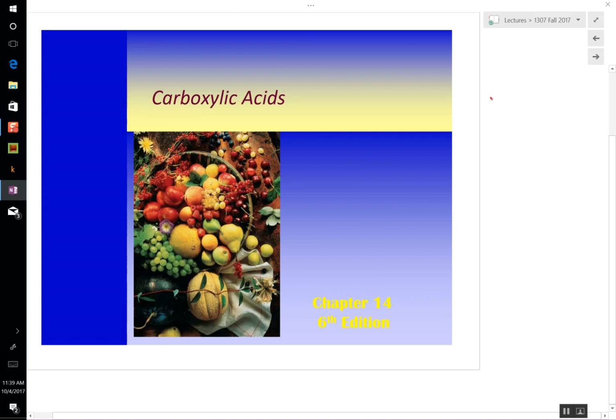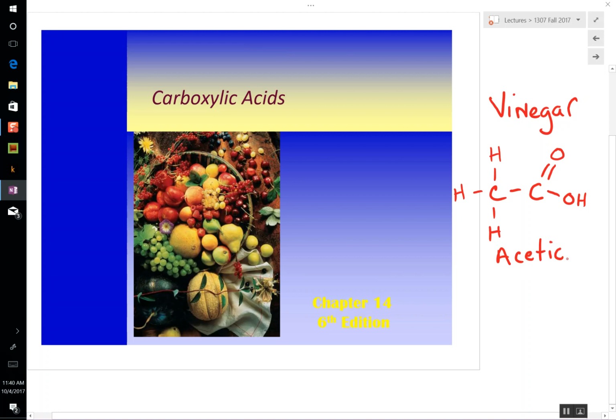Okay, you are really familiar with carboxylic acids. I doubt anyone in here hasn't had vinegar. It is a carboxylic acid, a very simple one. This is acetic acid.